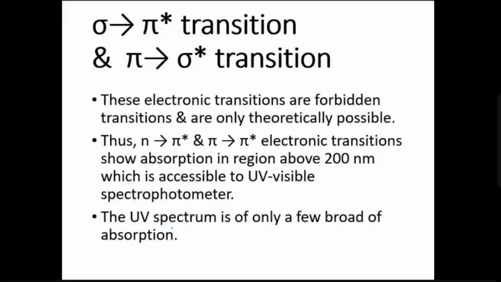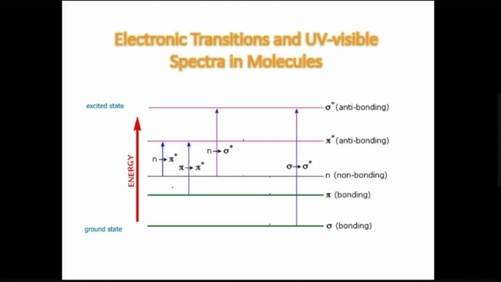Now, sigma to pi star and pi to sigma star transitions are called forbidden transitions. They are possible only theoretically. Thus, you will be able to understand this diagram. I will give you a minute to observe it.